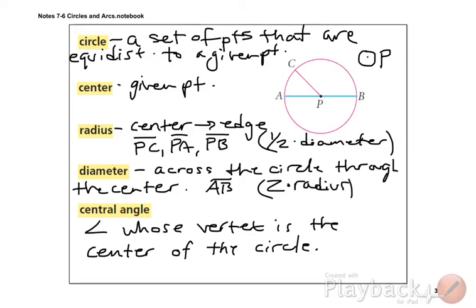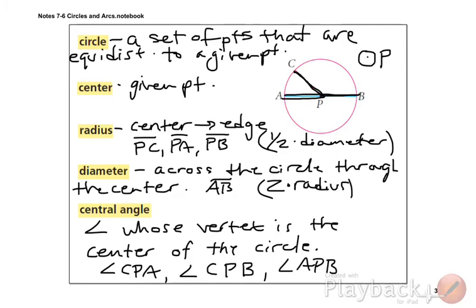For instance, we have angle CPA. That would be that angle right there. We can also say angle CPB. That's a central angle. And there's also angle APB. That diameter is a central angle.